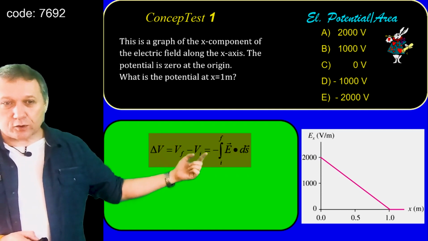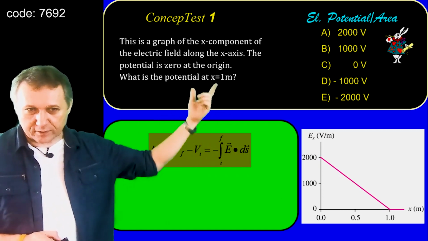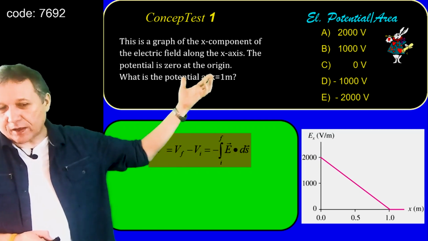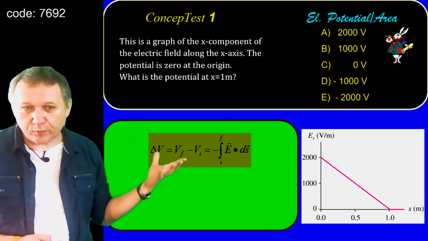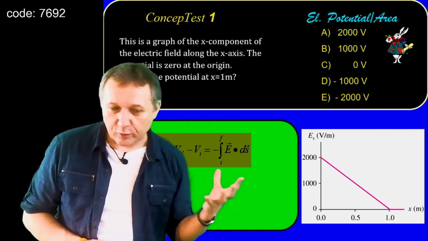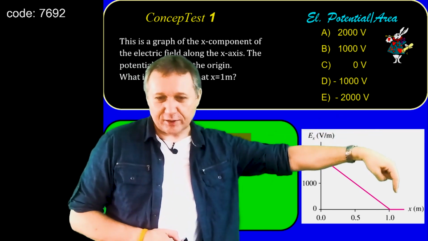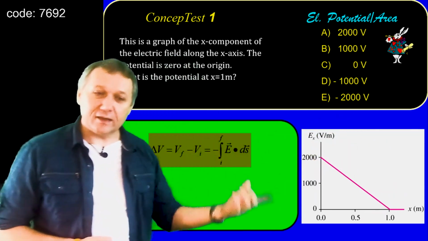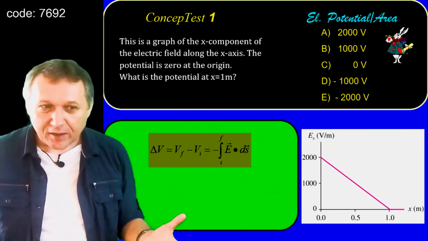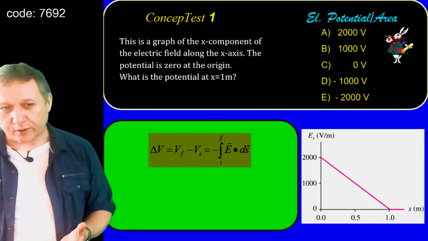Okay, so the initial point obviously will be x equals 0 because they give us that this will be our reference point. Then the final point is obviously x equals 1 in this case because we want to find the value of the electric potential at that particular point. In the example which I discussed, we wanted to know the function, that's why we picked an arbitrary point as our final point.